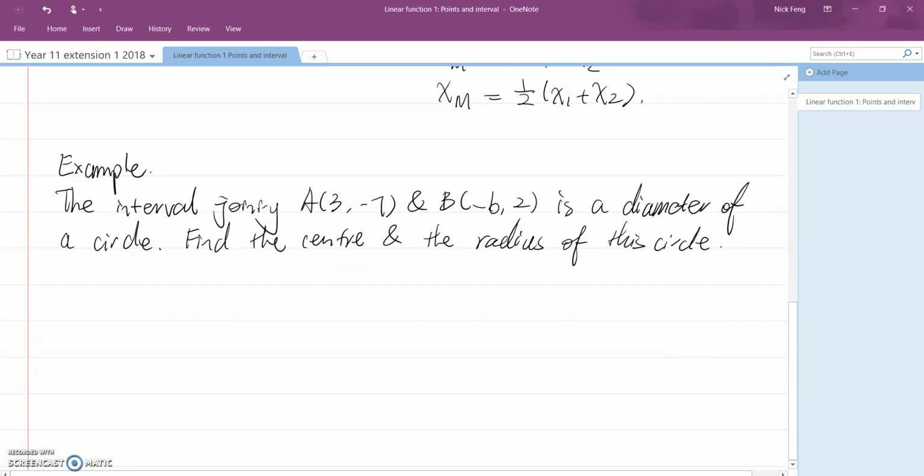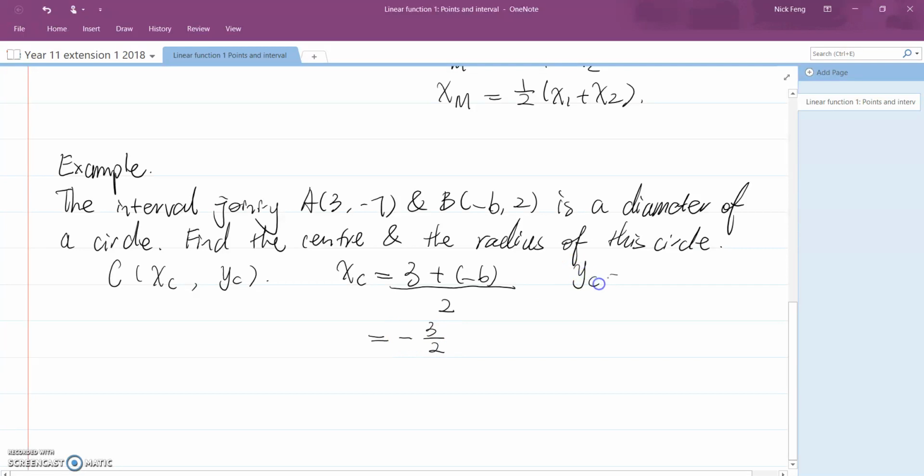Okay, so to find out the center of the circle, which is the midpoint of the diameter, obviously. So in other words, we're looking for the midpoint of A and B. So let's say the center is C with x coordinate of C and y coordinate of C. So the x coordinate of C, which is of course the midpoint of AB, 3 plus -6 over 2, which will give us -3 on 2.